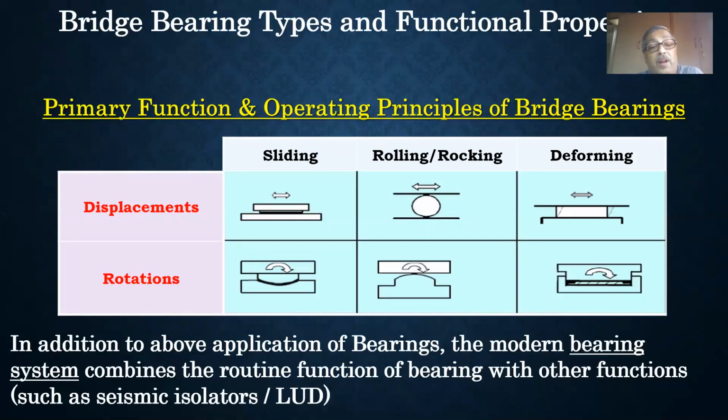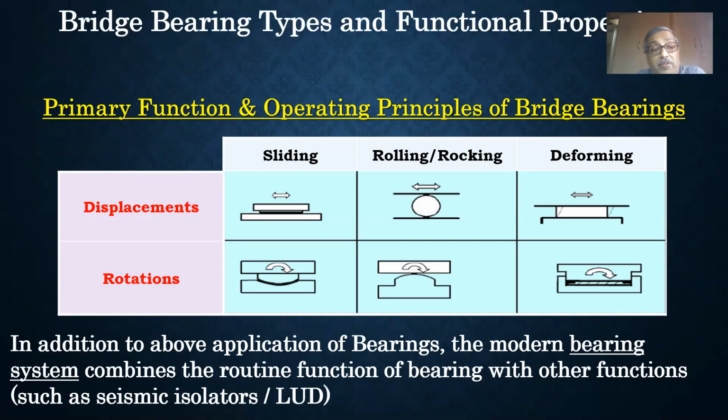Now, a sliding mechanism would mean the provision of a sliding element like PTFE or UHMWPE, any sliding material, by which the top part of the bearing, which is connected to the superstructure, will move without offering any resistance as compared to the bottom plate.